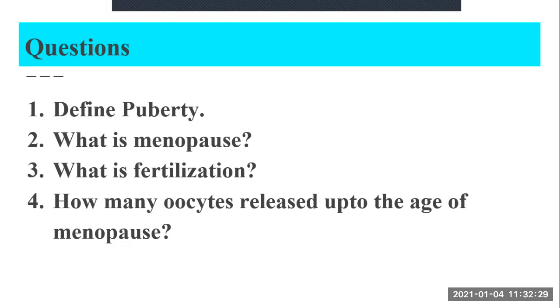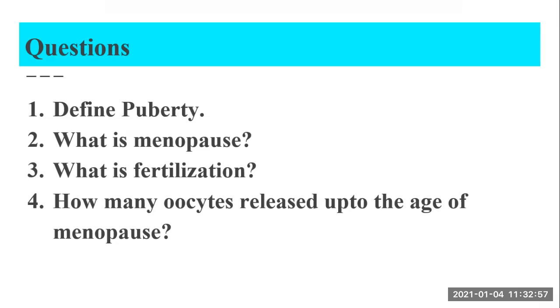Yes. Menopause means permanent cessation of menstruation at the end of reproductive life due to loss of ovarian follicular activity. It is the point of time when the last and final menstruation occurs. Yes, and at what age generally? 40 to 45. Yes, very good. Very nice.